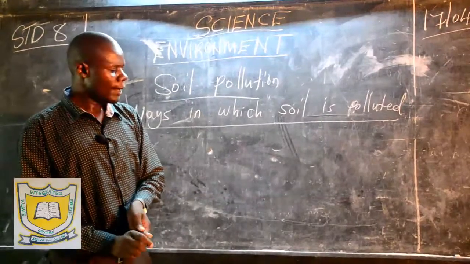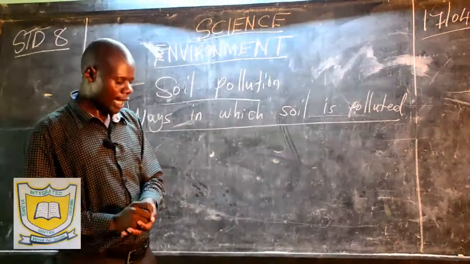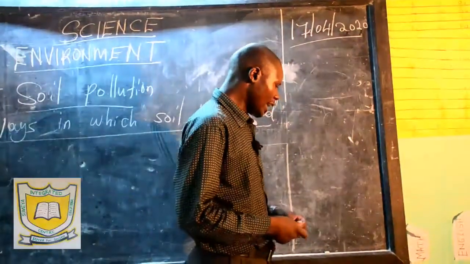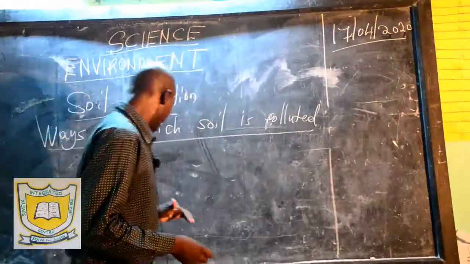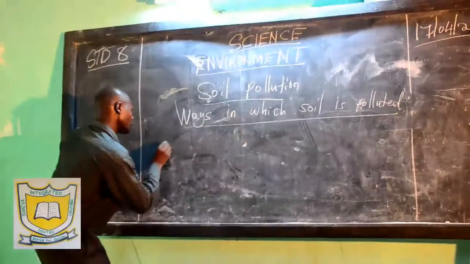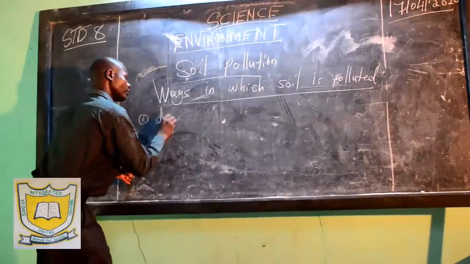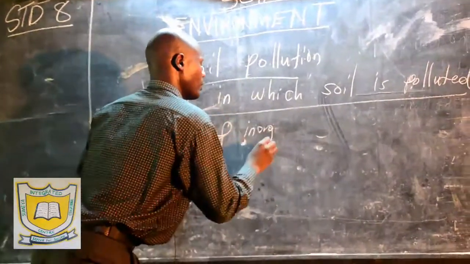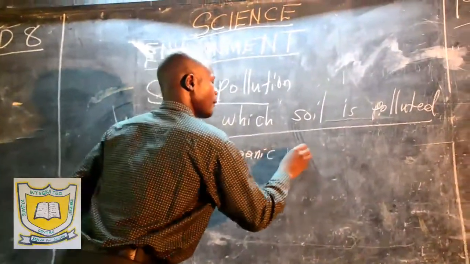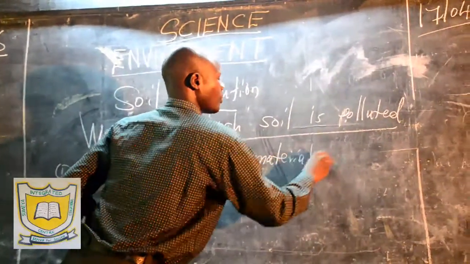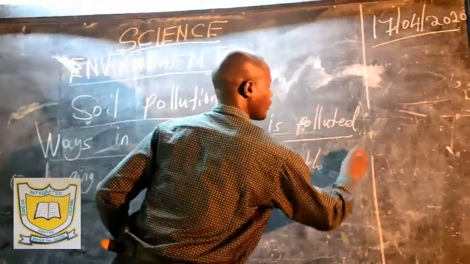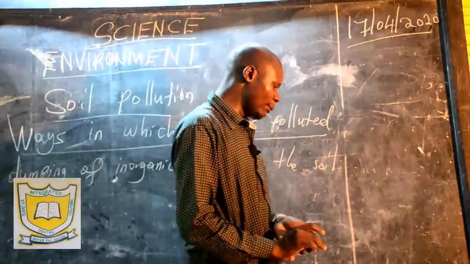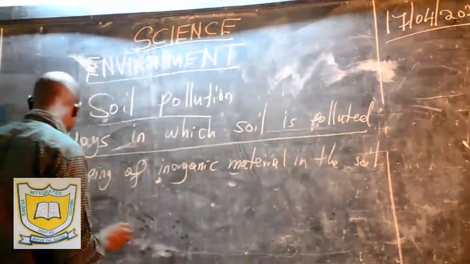Now, there are several ways soil can be polluted, and when we talk of these several ways, we mean: one, dumping of inorganic material in the soil. Number two, improper disposal.